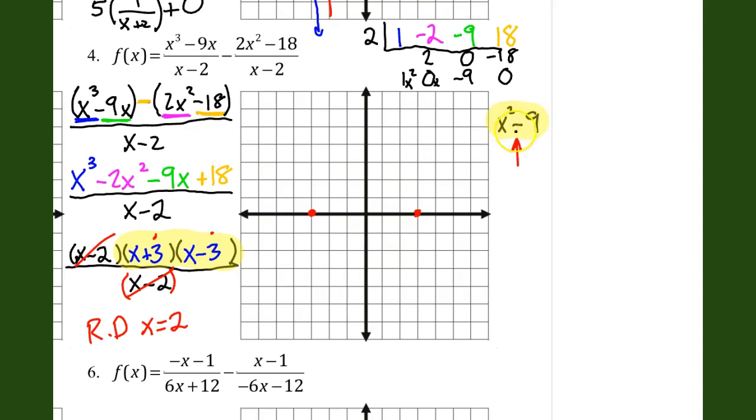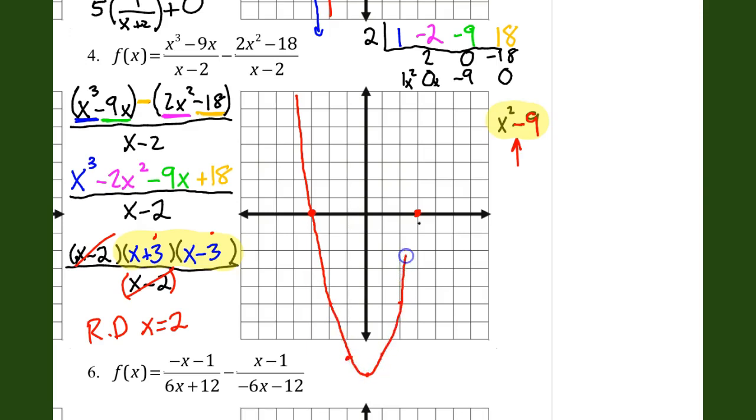And the y-intercept is negative 9. 1, 2, 3, 4, 5, 6, 7, 8, 9, way down here. Kind of goes off the graph, but yeah, so we get a parabola on this one.